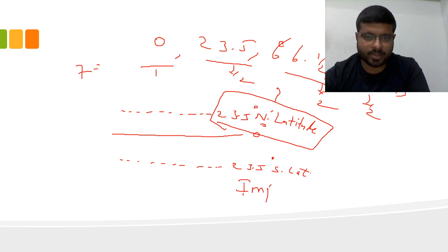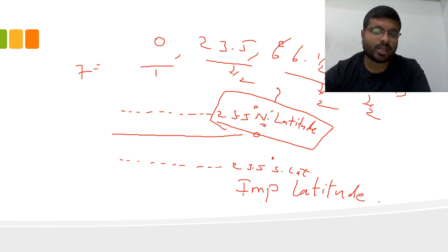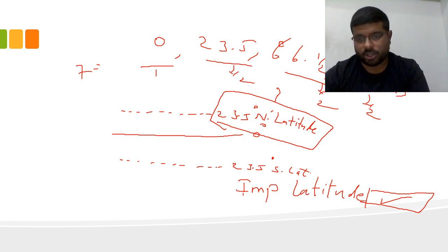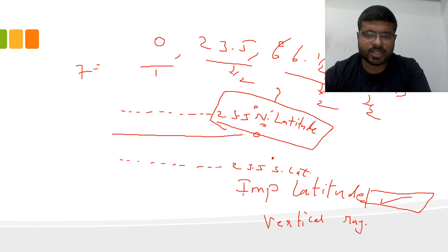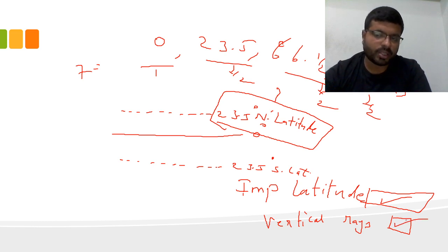So next time anybody asks you why the 23.5 degree north latitude is an important latitude, it is because beyond that no vertical rays of the sun can be seen in a year. That is the answer. Within the range from 23.5 north to 23.5 south you can find vertical rays, and beyond that you can never find them. This is the point you need to remember.